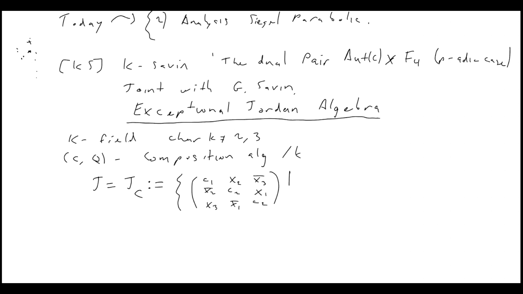The diagonal entries, the c_j, will be coming from our field, but the off-diagonal entries, x_j, are going to be coming from our composition algebra. This is a K vector space with just the usual additive structure on 3 by 3 matrices.